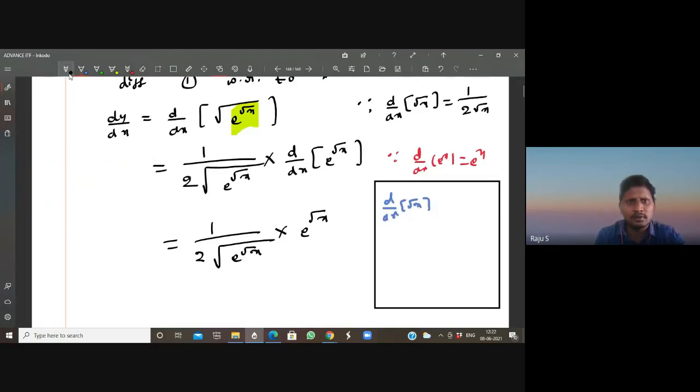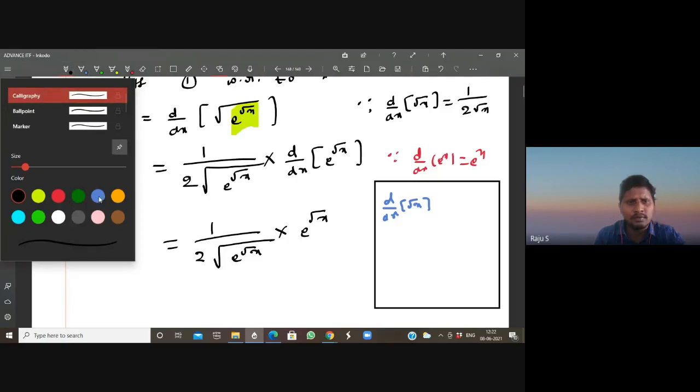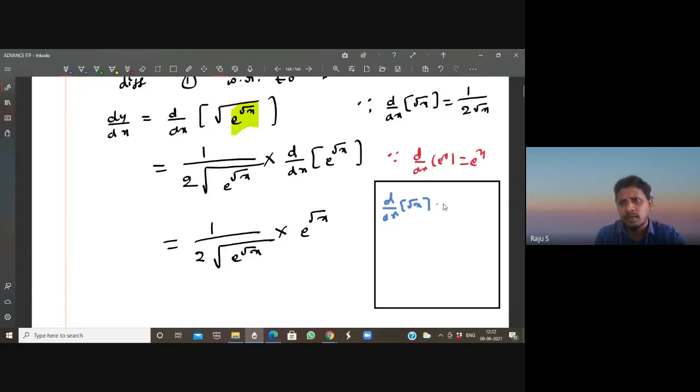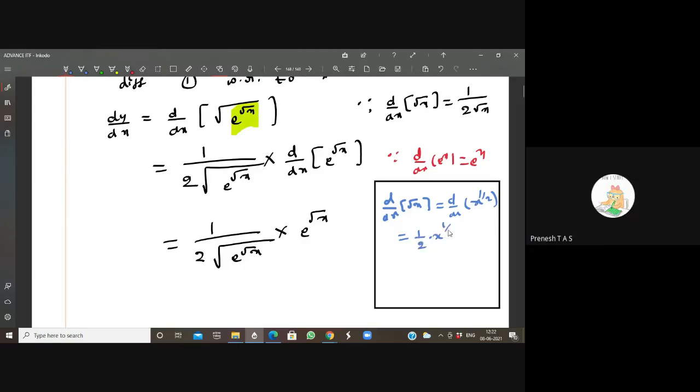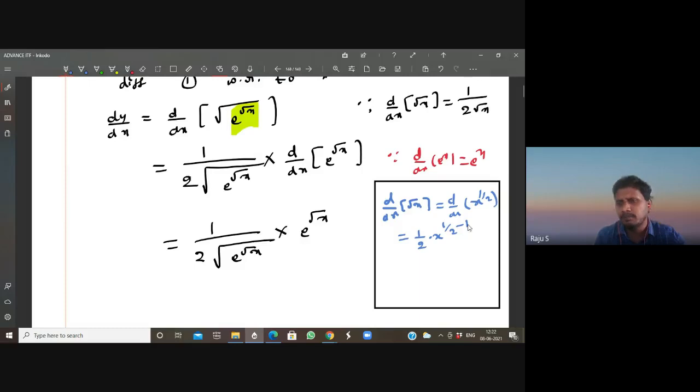Okay, students, d by dx of root x means x power 1 by 2. Am I right? Yes, sir. What is the x power n formula? X power n derivative is n into x power n minus 1. Yes, sir. 1 by 2.